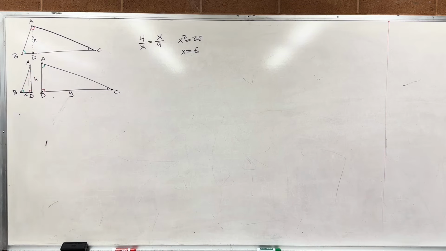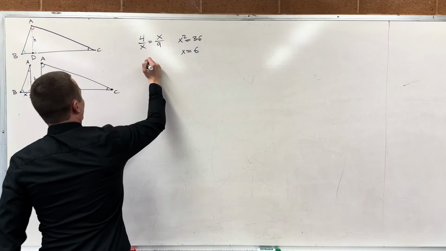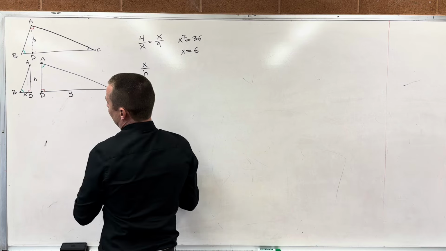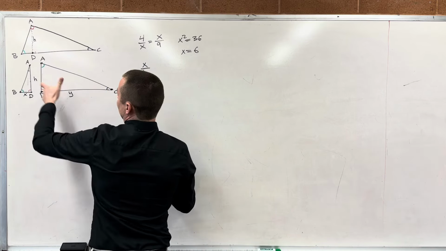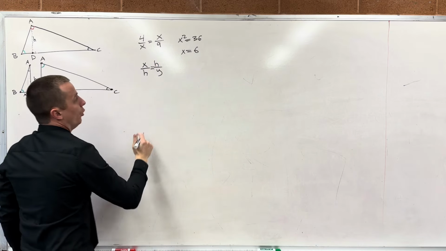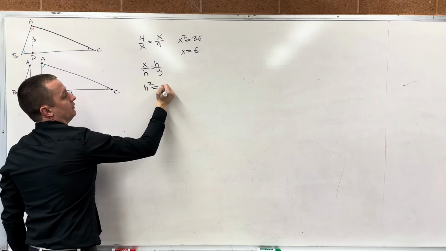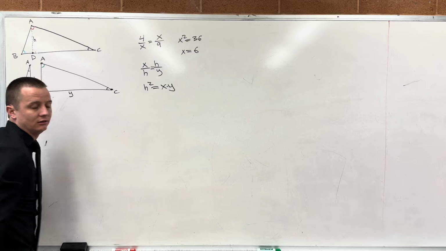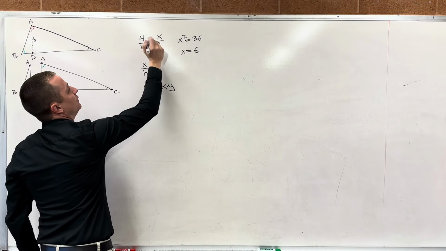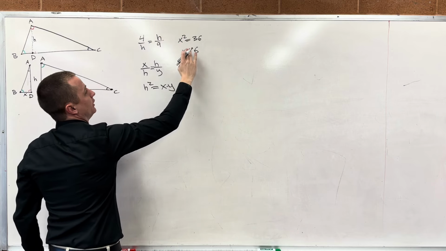Those are both h, right? Yeah. So then x over h is equal to what, looking at the bottom triangles? x over h is equal to h over y. Or in other words, h squared is equal to x times y. Let's put an h right here instead of an x there, so that you see how they're the same.